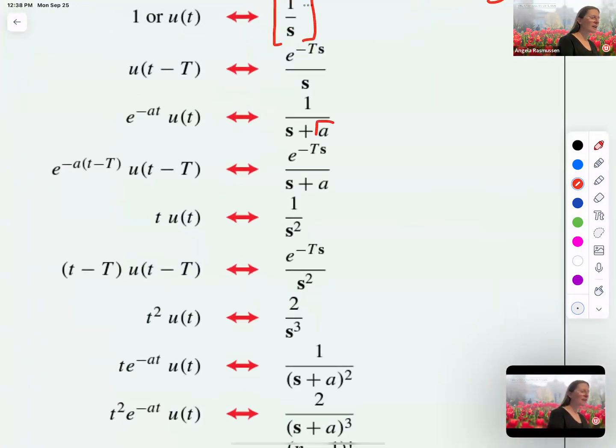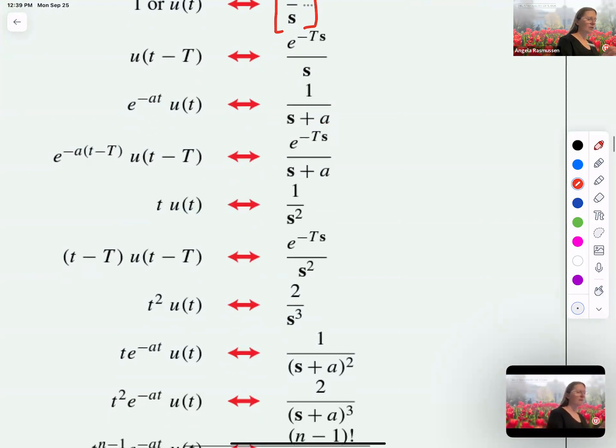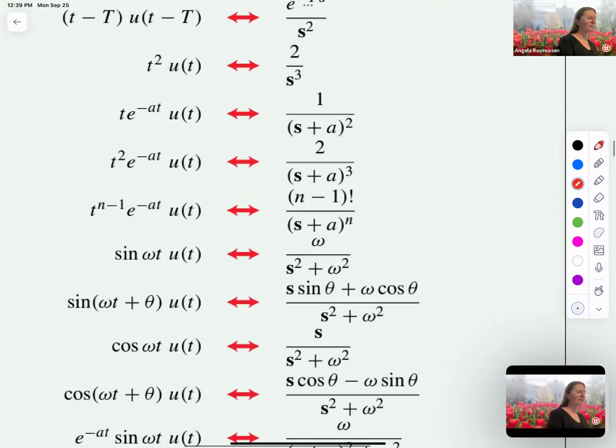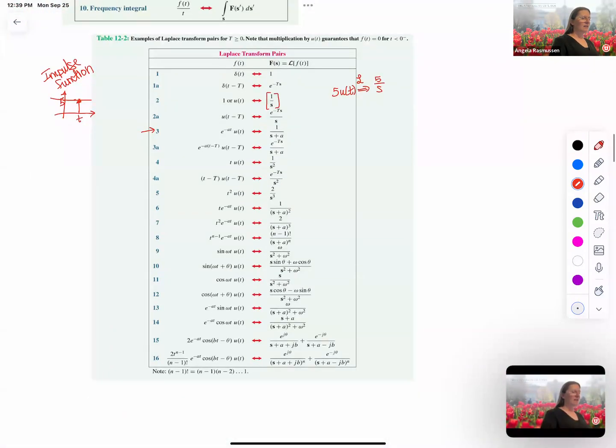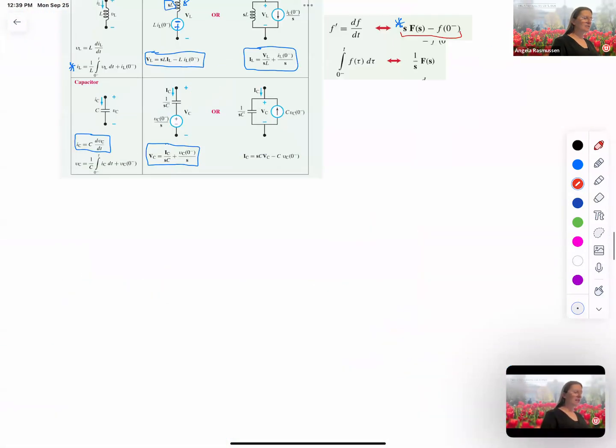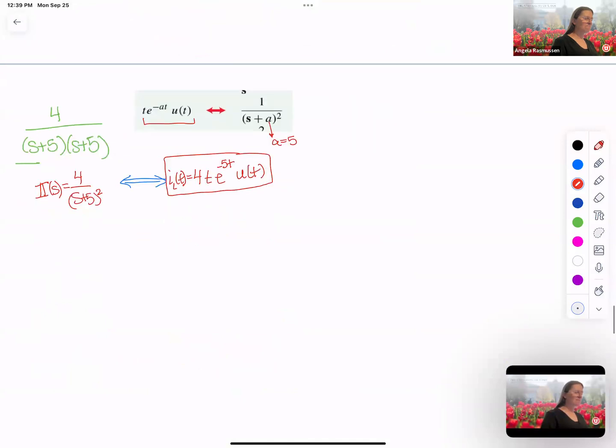In this case, I would have to identify what that a was, and then look at where it goes in the time domain. For the one that was S plus a squared, we had a was 5. And so that's where it came to te to the minus 5t times u of t. All right, so we solved it and then moved back to the time domain.